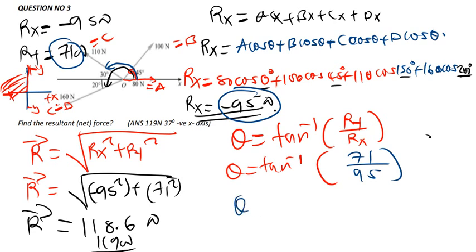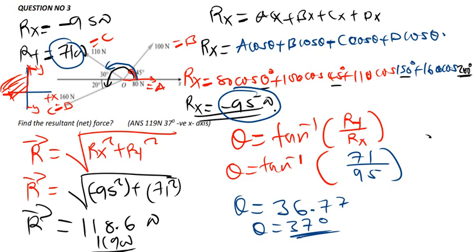So my theta in this case will be equal to shift tan, open brackets, 71 divided by 95. The answer I'm getting right now is 36.77, which is the same as the theta to be 37 degrees.